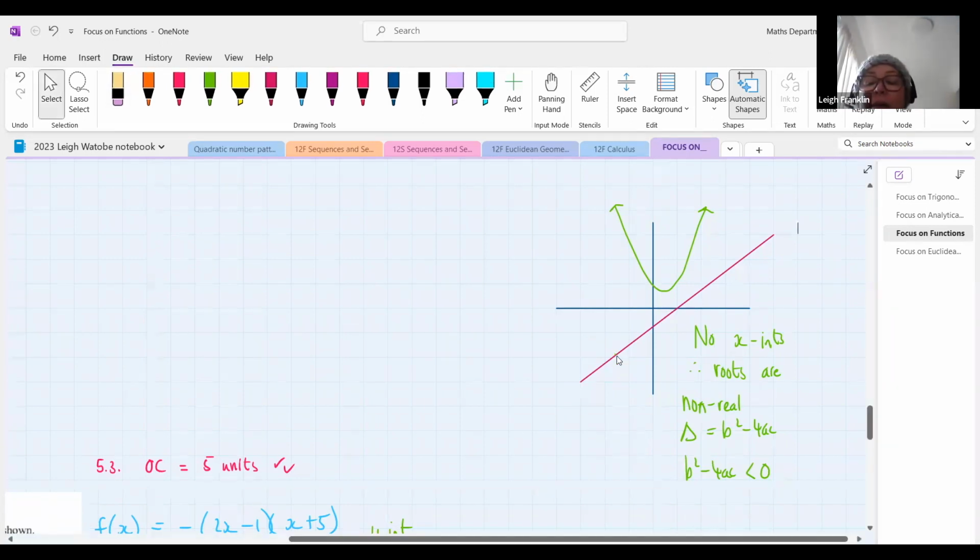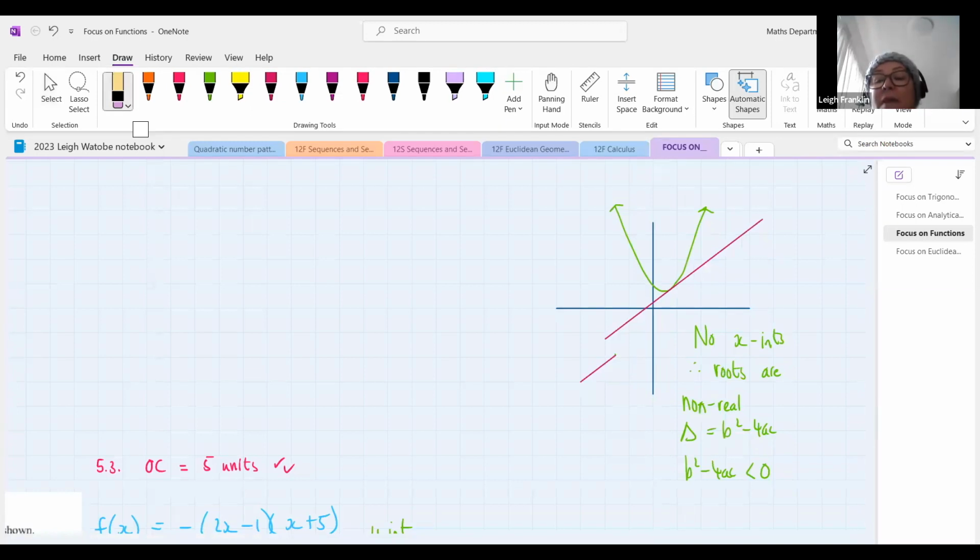But if I take this straight line and I move it, let's say I decide I'm going to move this line up, and it's now touching the parabola in one place, I can say that that straight line is a tangent to the parabola.